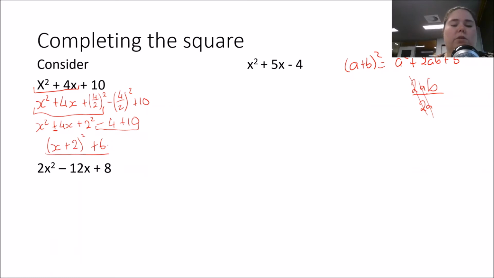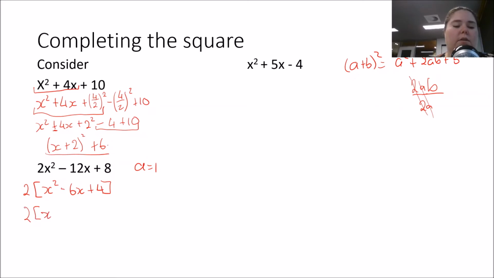Alright, you want to do it when you haven't got a coefficient for x squared. So you want a to equal 1. If a doesn't equal 1, take out a common factor. So that's what I'm doing here. I'm going to take 2 out as a common factor, which leaves me with this guy. And then I just do my process again.